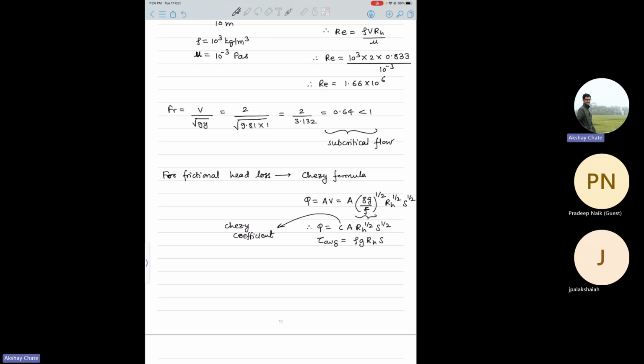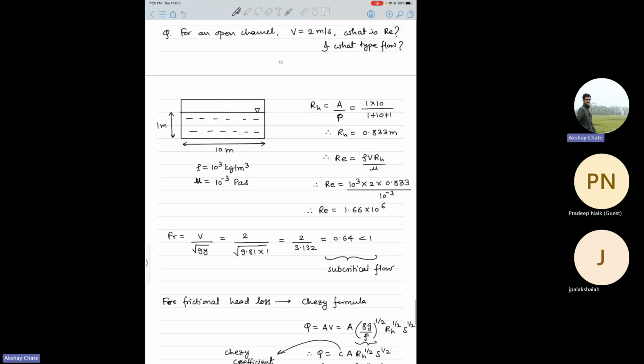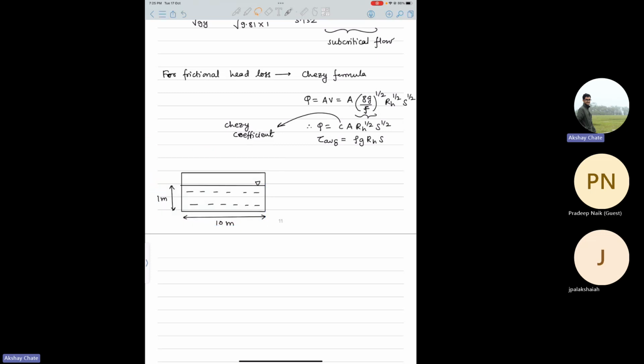Let me see if we can have one problem. So we can take a simple problem, which I can copy from here. Same, you have a rectangular flow channel, let's say. We'll take the same dimensions, doesn't matter.